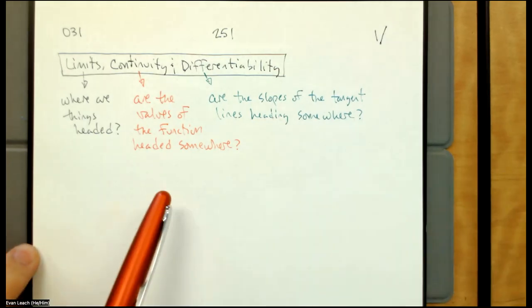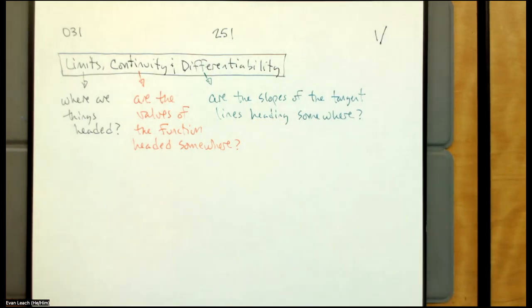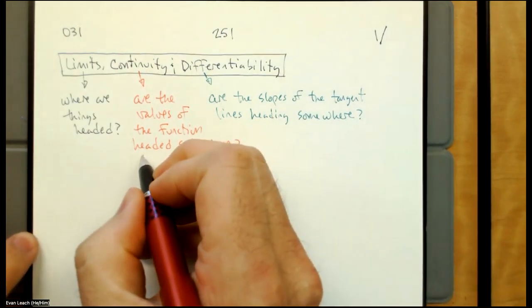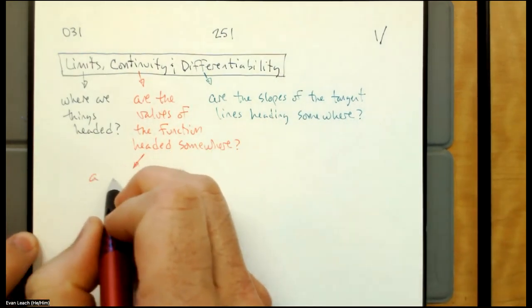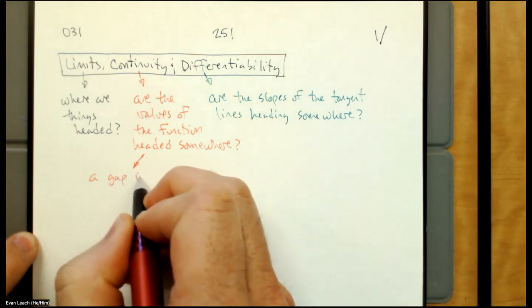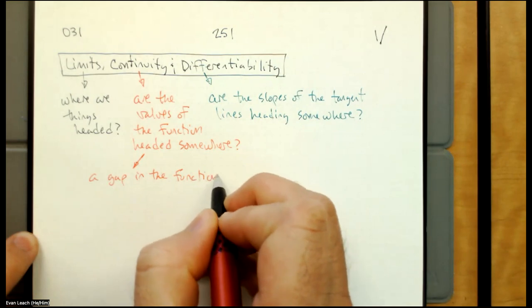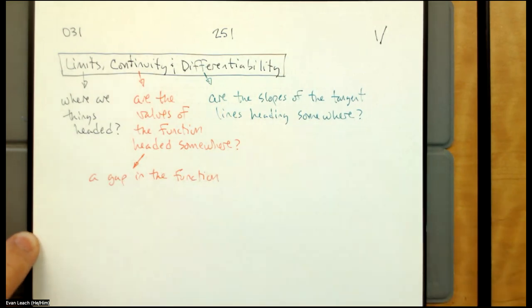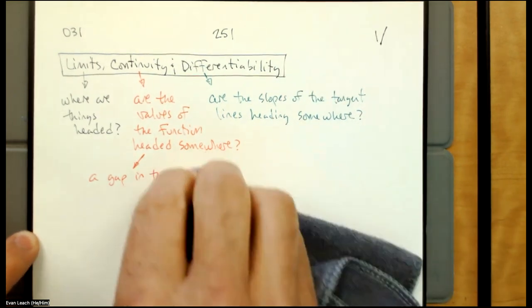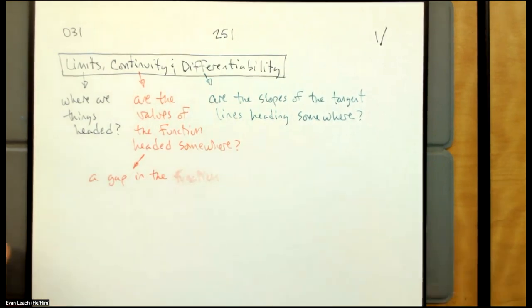So remember that in continuity, we have a discontinuity when there's a gap in the graph of the function.